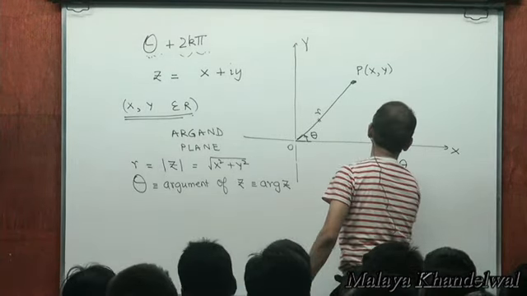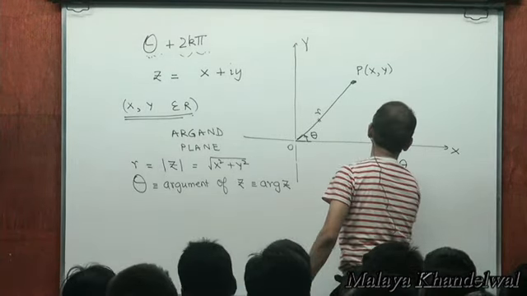A reflection of P about the x-axis would be P prime, yes or no? The coordinates of P prime would be x comma minus y, right? And this represents a complex number x plus i times minus y. If P and P prime are mirror images of each other about the x-axis, then the two complex numbers that they represent are said to be conjugates of each other.